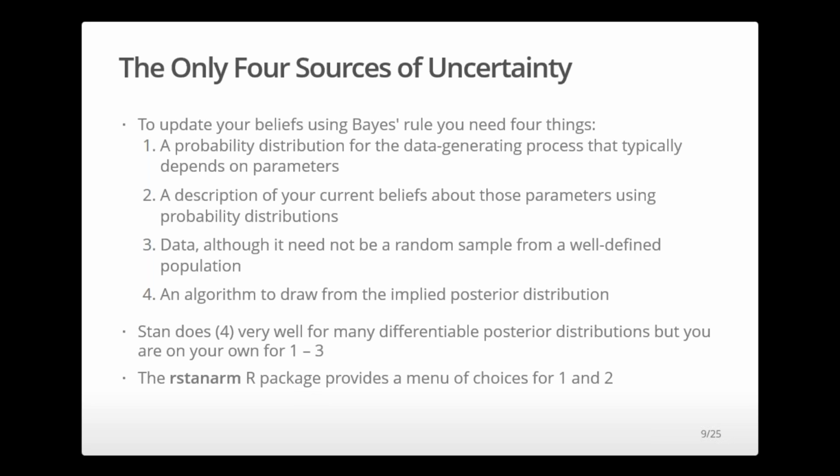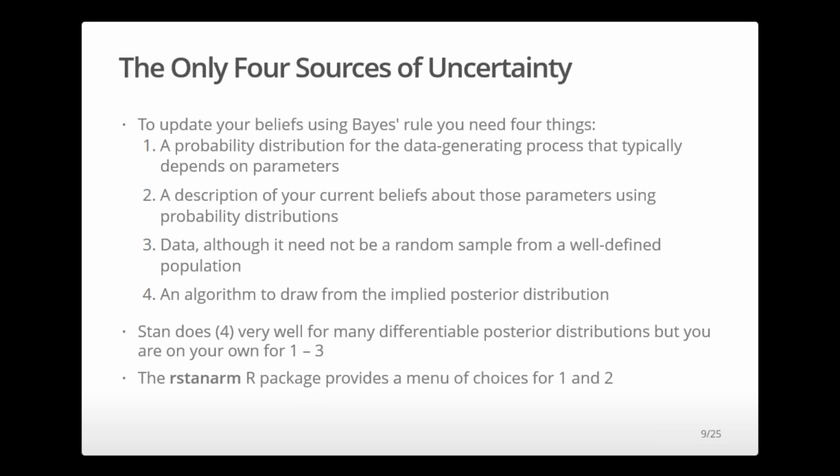The fourth thing you need to be a Bayesian is an algorithm, in particular an algorithm that does what's known as Markov chain Monte Carlo, to draw from the implied posterior distribution, which is implied by 1, 2, and 3. So Stan is an algorithm to draw from posterior distributions. It does so very well for posterior distributions that are differentiable, but it's on the quantitative analyst to do 1, 2, and 3.